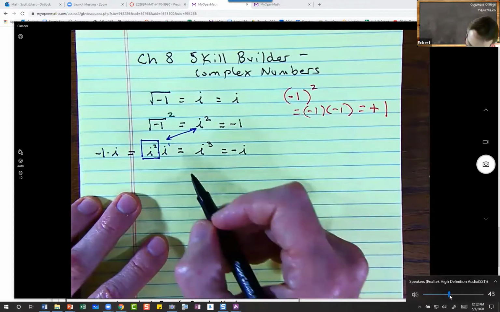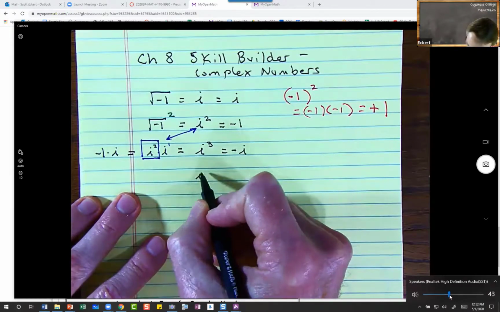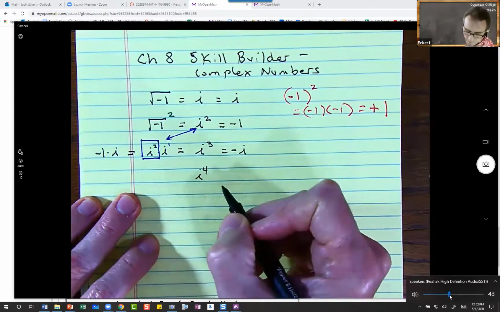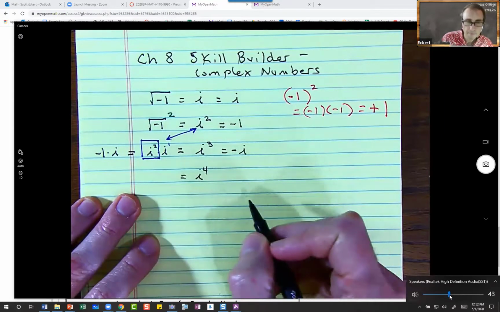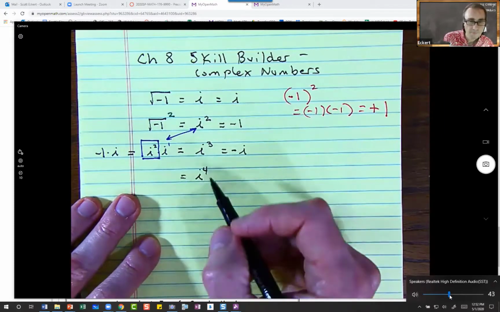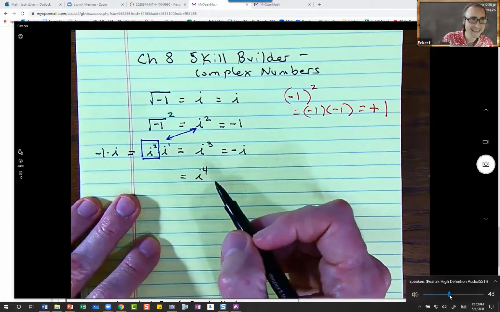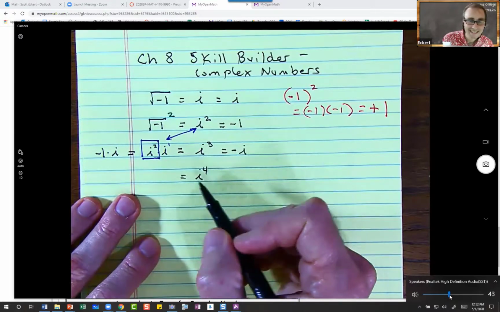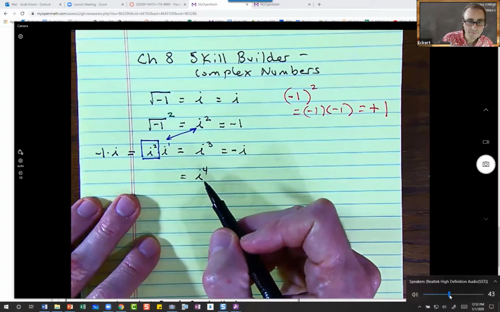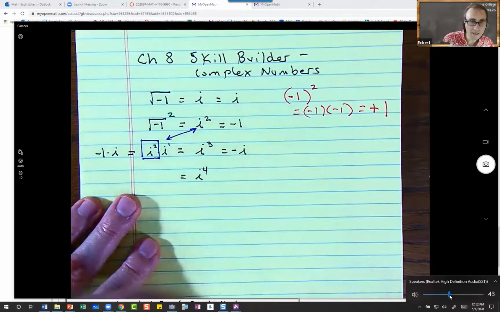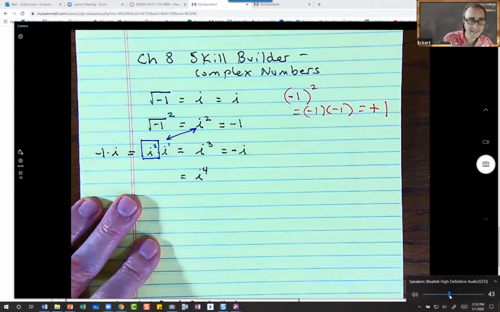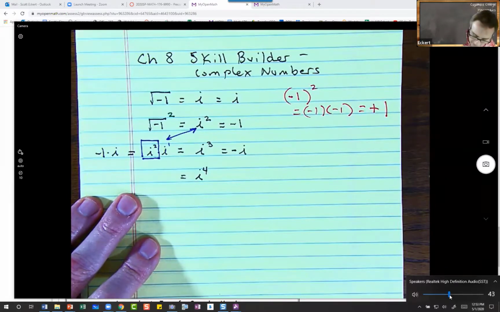Let's do i to the fourth power. Any guesses? What do you think i to the fourth power is? Ronan, you kept trying, and you were on the right cycle. Positive i.